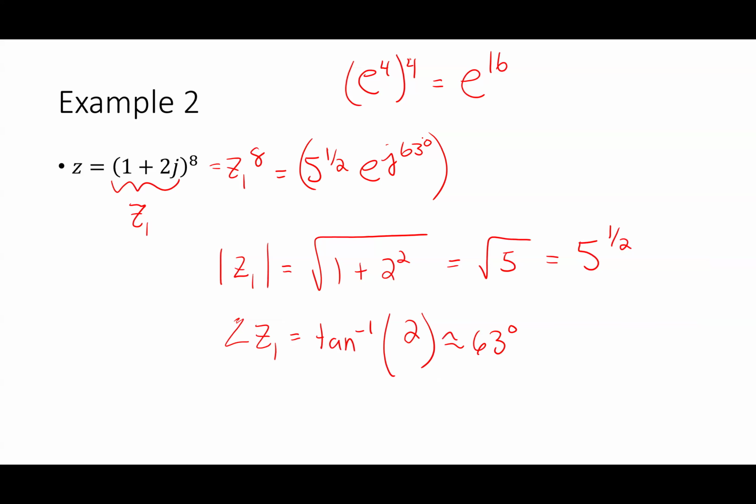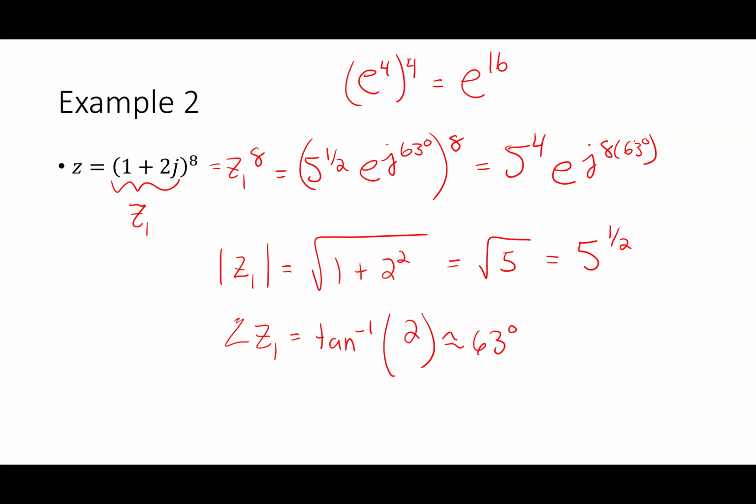As long as I show that I mean degrees, it's okay though. Raise that to the 8th power. What's that become? 5 to the 4th power times what? E to the J, 8 times 63 degrees. Whatever that is. Okay, and then I'd be done.